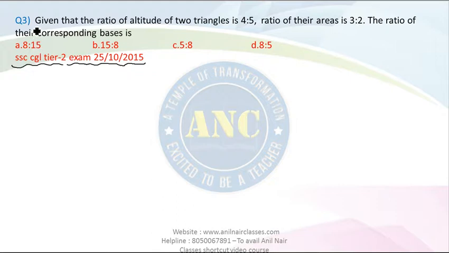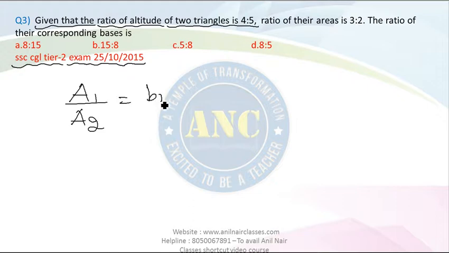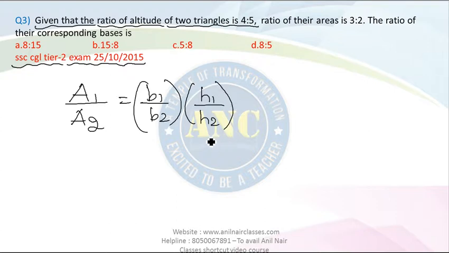Now see here, question says, given that the ratio of altitude of two triangles is 4:5. Let me write what I know: A1 by A2 is B1 by B2 into H1 by H2. That means ratio of altitude of two triangles is given in the question as 4:5. This is my first statement.